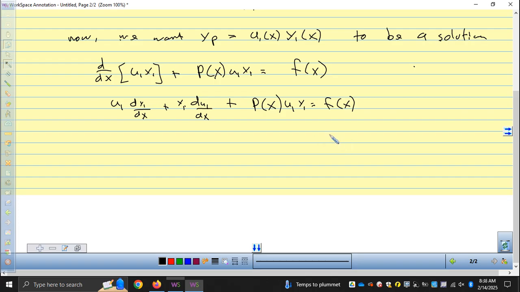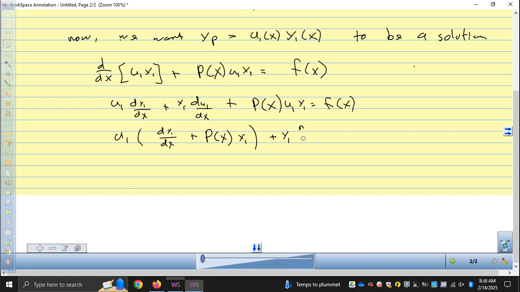I'm going to gather all the terms with a u1 in them and factor that out. So u1 times (dy1 dx plus p of x y1) plus y1 du1 dx equals f of x.